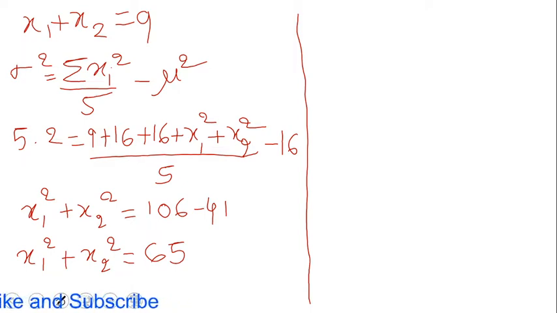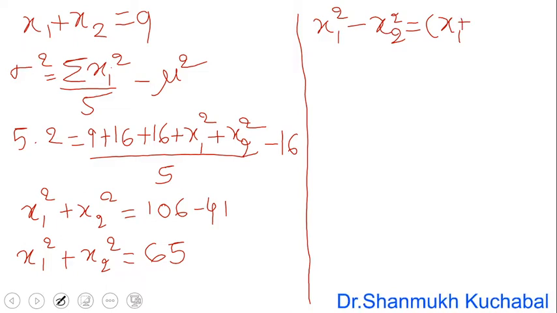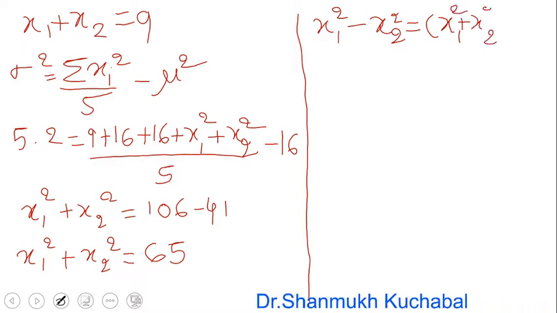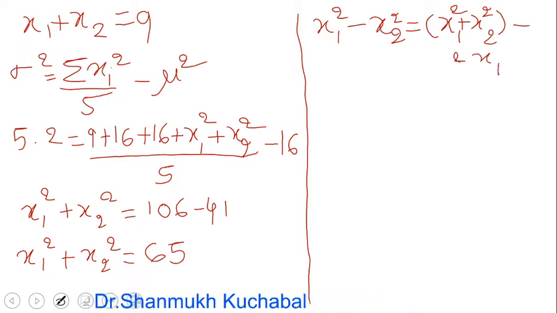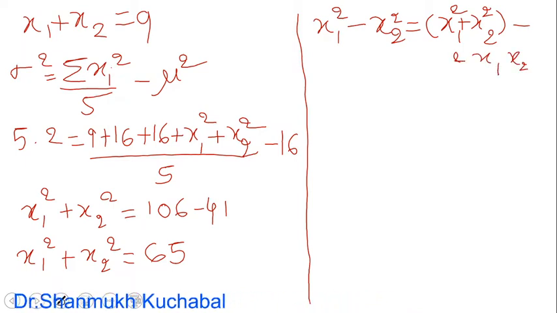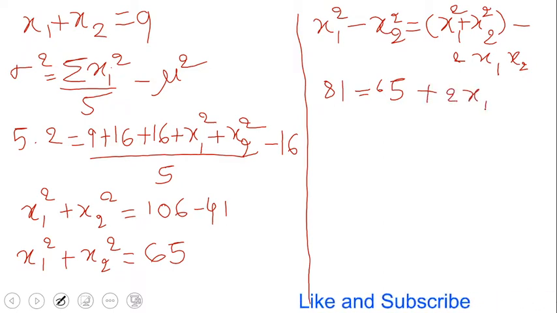Okay, for further steps I am going to use an algebraic identity: x1 minus x2 whole square is equal to x1 plus x2 whole square minus 2 times x1 x2. So x1 plus x2 whole square is 81, which equals x1 square plus x2 square, which is 65, plus 2 times x1 x2.